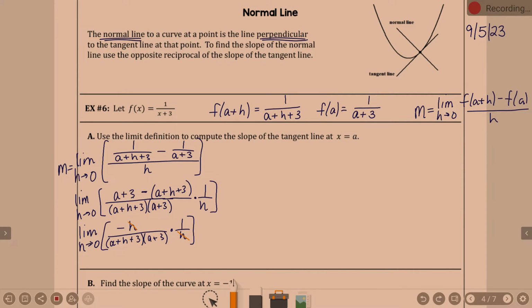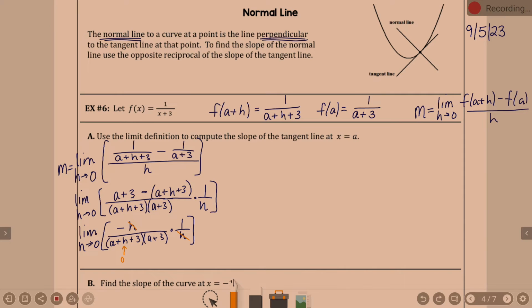And then what happens as we go to take the limit? Still 0 in the denominator. Oh, never mind. Okay, if you're taking the limit as h approaches 0, that means we're going to plug in 0 for h, right? And so the only h I have left is that one right there, yes?